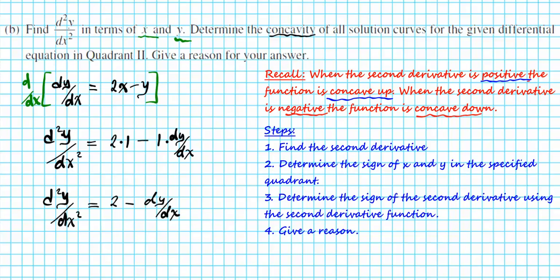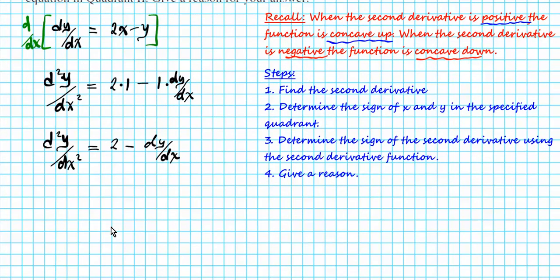So we're going to take out that dy/dx and replace it with what it is equal to. We have d²y/dx² equals 2 minus, take out the dy/dx and plug in what it is equal to, which is 2x minus y, like that.